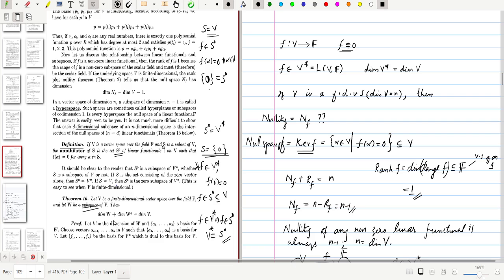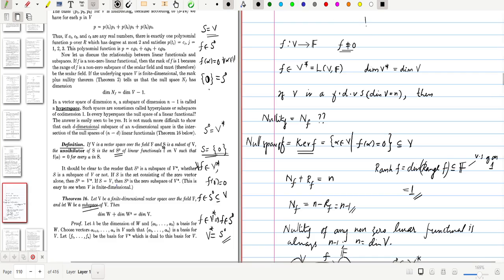Then we can think about the dimensions. If W is a subspace, then dimension of W plus dimension of W naught is equal to dimension of V. First of all we need to verify that if W is a subspace, then this W naught is always a subspace. So that is a trivial case.